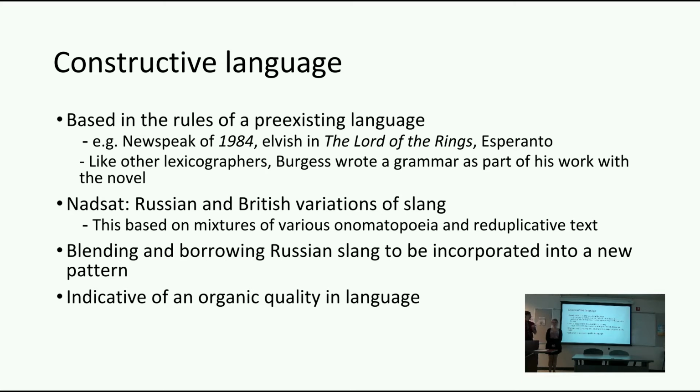And Nadsat is a language from Anthony Burgess' Clockwork Orange, and it's Russian slang mixed into English slang. One of the key things that we need to remember about constructive language is that in things like Lord of the Rings, Tolkien was merely broadening his ethnographic window so that he's creating a richer society in his high fantasy, whereas in 1984 we were trying to actually restrict the culture.